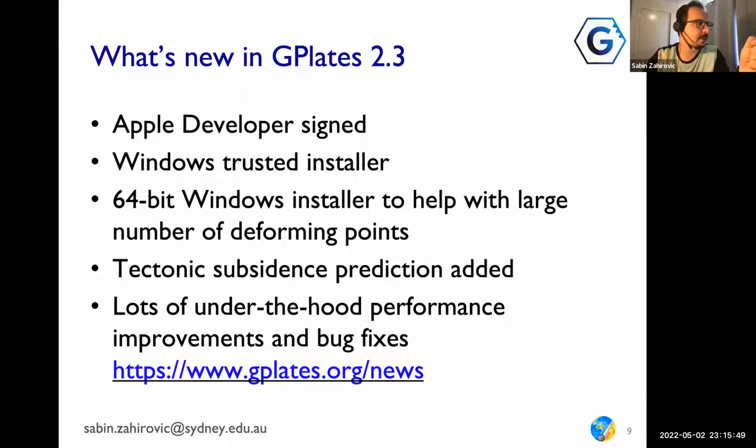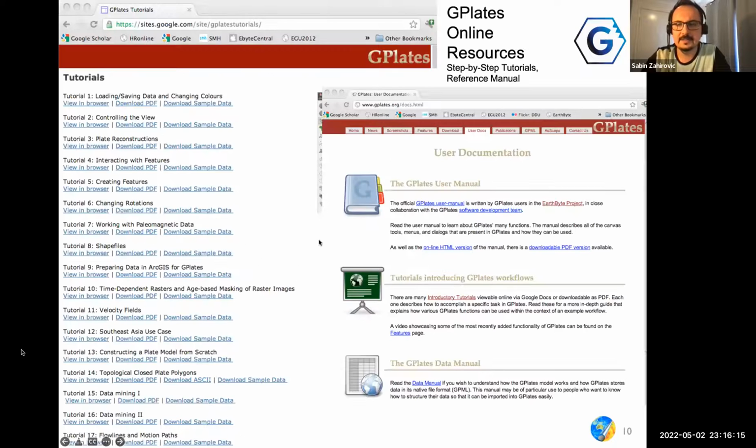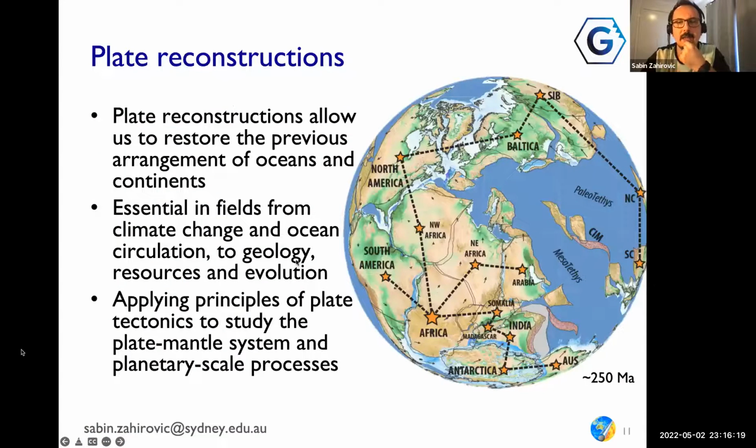Okay, so just keep that in mind. And for those of you who in the past had a painful experience of installing GPlates on the Mac because it wasn't signed by the Apple developer permissions, that's been fixed, and the Windows installers should be trusted by Microsoft at this point, from what I remember. And that's just an example of the online resources. I'm not going to dwell on it.